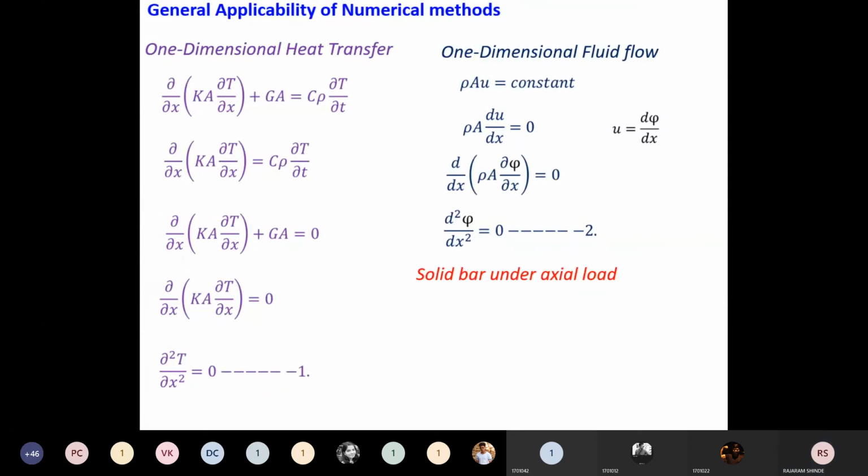Next, if I go for the solid bar under axial load, then you know this equation: force is equal to area into stress. This is a simple equation. I can replace this stress by E into strain.